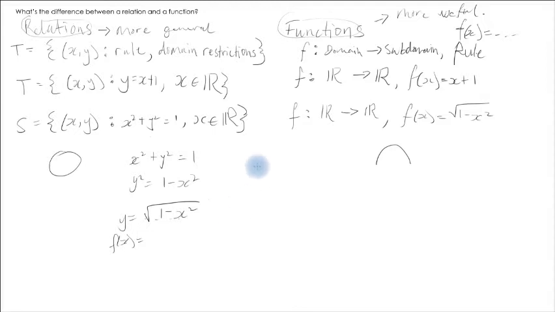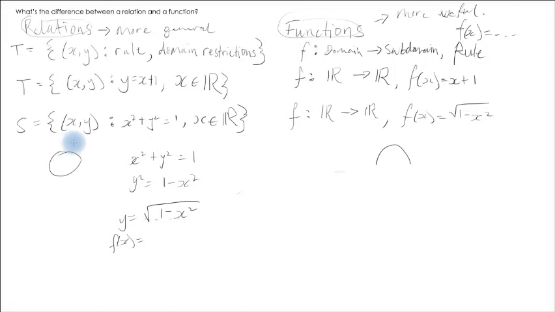So basically, for you to be able to write a relation as a function, you need to be able to rearrange it as y equals something or other. And if you want to be able to tell if a relation is a function or not, there's a very, very simple test called the vertical line test.